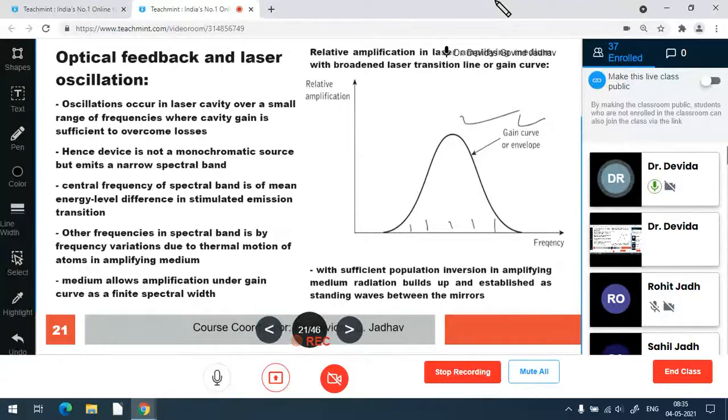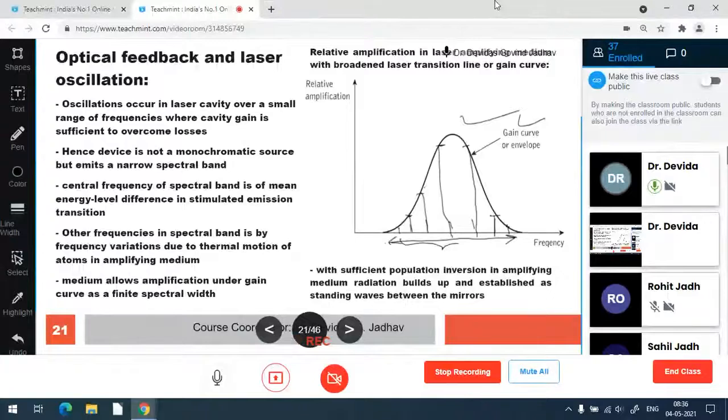It supports the gain for this frequency of this amplitude, for this frequency this amplitude, and for this frequency it supports only this amplitude gain, and this frequency it supports very small. So this gain curve also has a very narrow line width. That means the source has a very small line width.